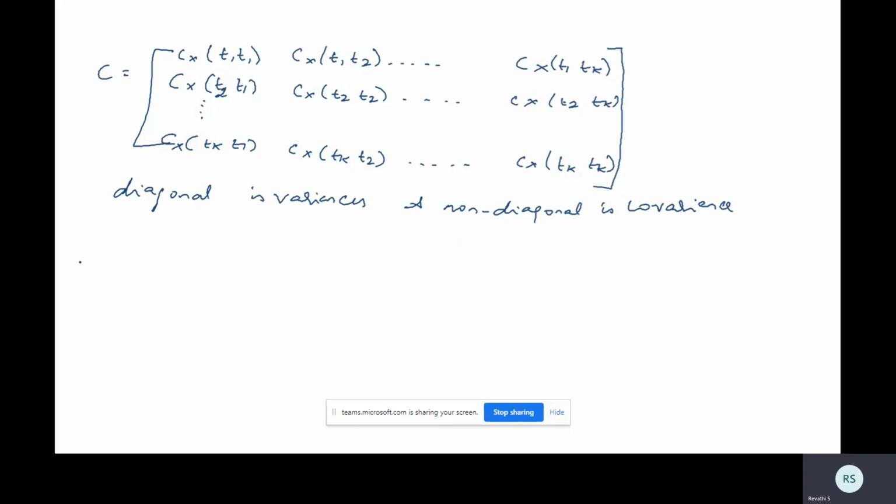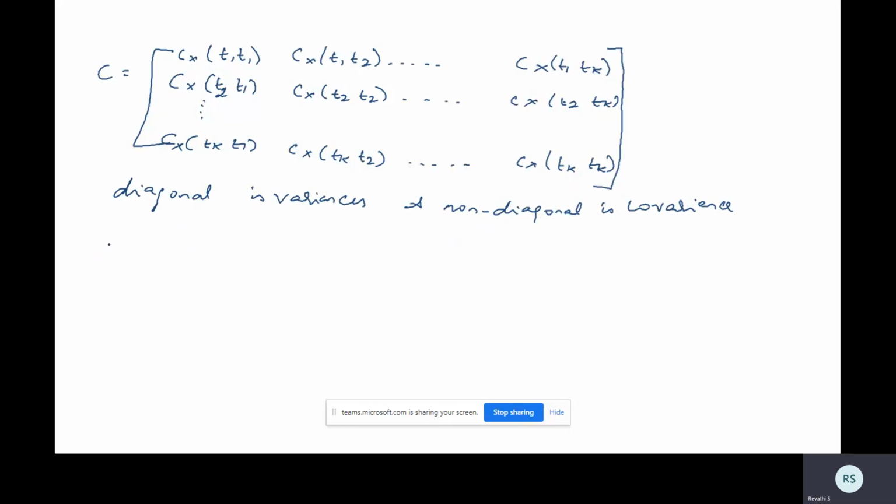Similarly, when the random variable is second order stationary, we should have the mean as a constant and the autocorrelation function defined only by the time difference, not on the absolute time. The second order stationary is also called wide sense stationary. Similarly, if you go for third order, fourth order stationary, you will keep defining different properties.